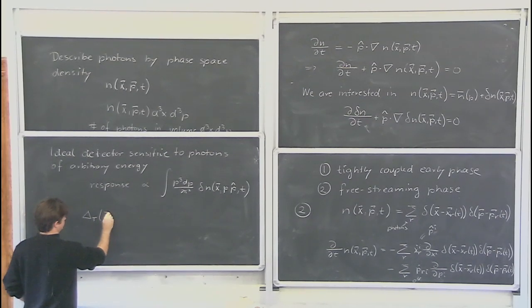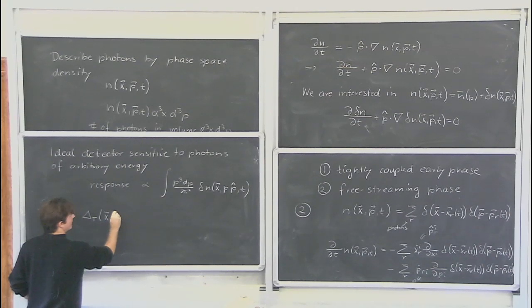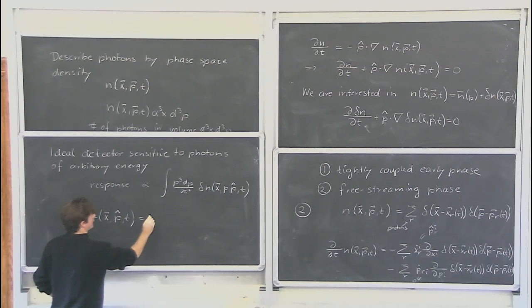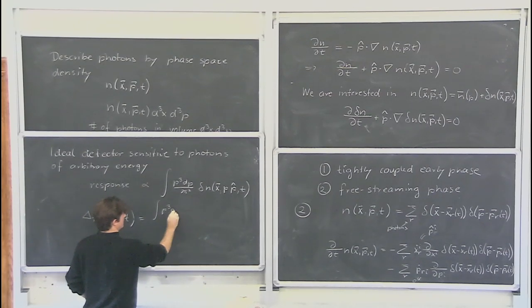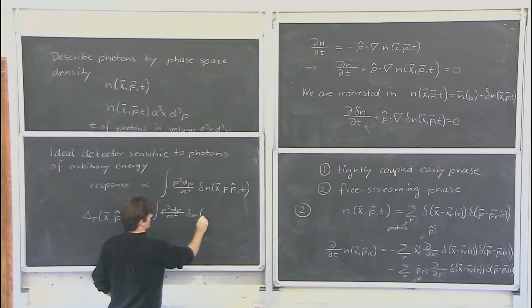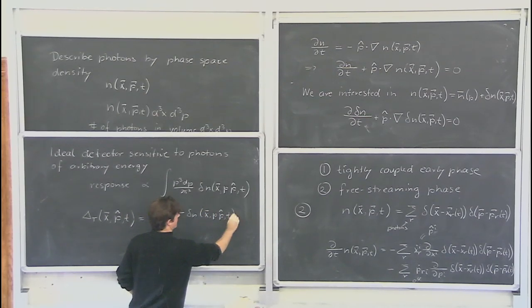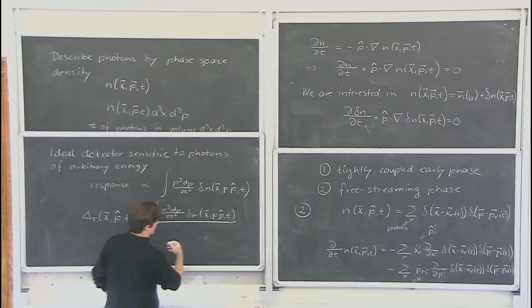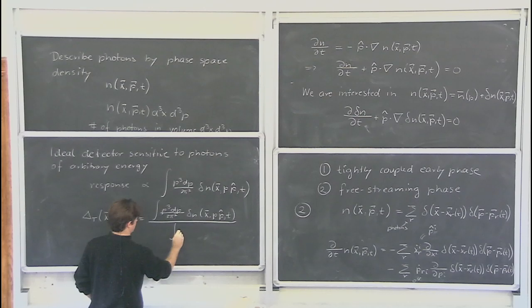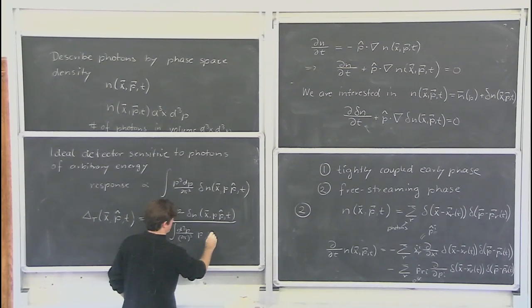So delta t, which is a function of x, p hat, and t, is equal to the thing I just wrote, the integral of p cubed dp over 2 pi squared times delta n of x, p times p hat, and t, divided just by the background energy density, the integral d3p over 2 pi cubed times the energy of the photon times the background value.